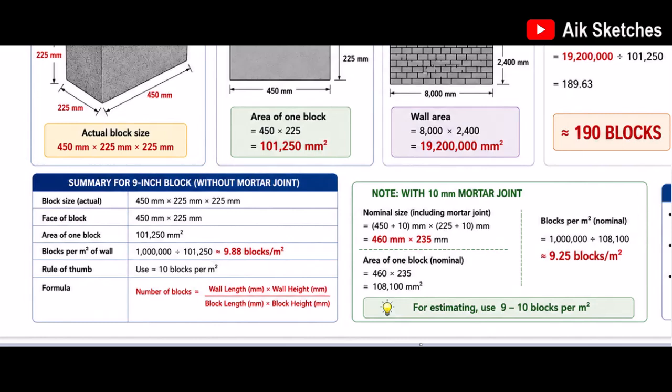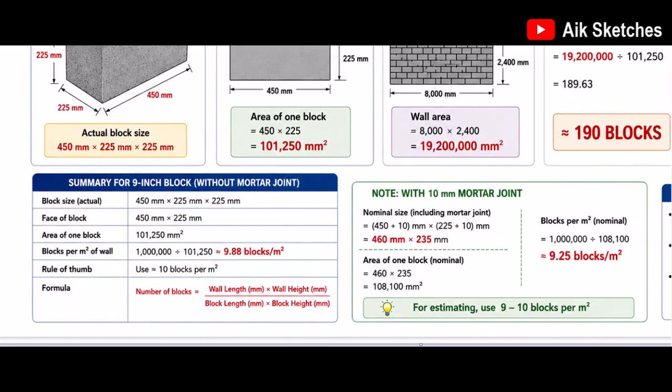While for the height of the block, you have 225 plus 10, which is 235 millimeter. So if we are to add a 10 millimeter mortar joint, we are going to have 460 millimeter by 235 millimeter.